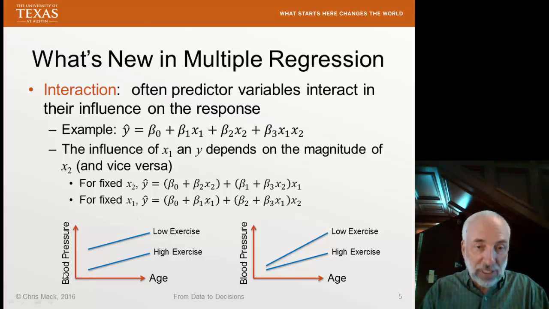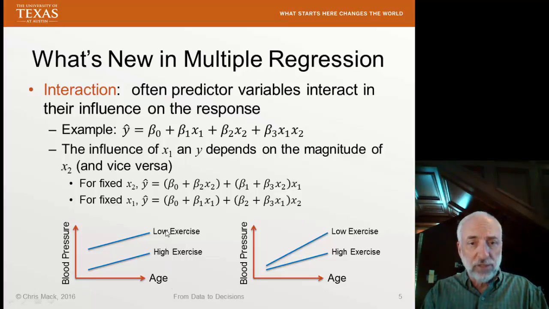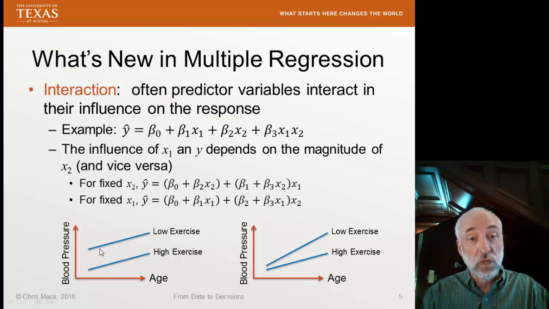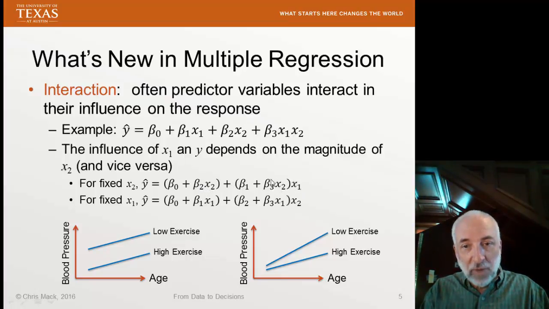Suppose I get a response that looks like this. I plot blood pressure versus age, low exercise levels, high exercise levels. I get two parallel lines. Well, if I think of x1 as the age and x2 as the exercise level, what I see experimentally is that the slope is constant.